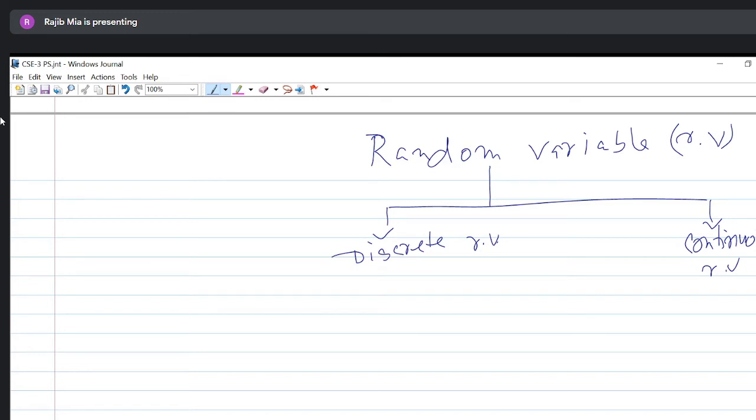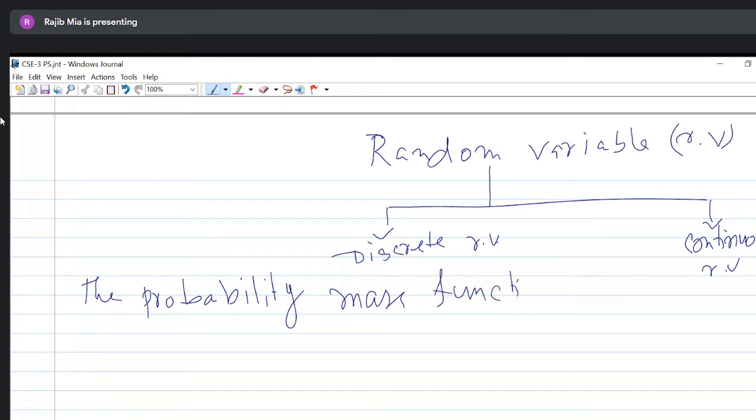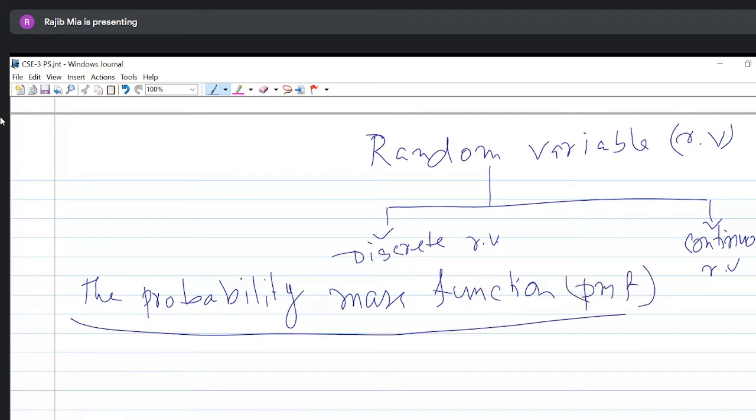So what is probability function or probability mass function? It is for discrete random variable. The probability mass function, in short form we write PMF. Sometimes it is called simply probability function for discrete random variable.